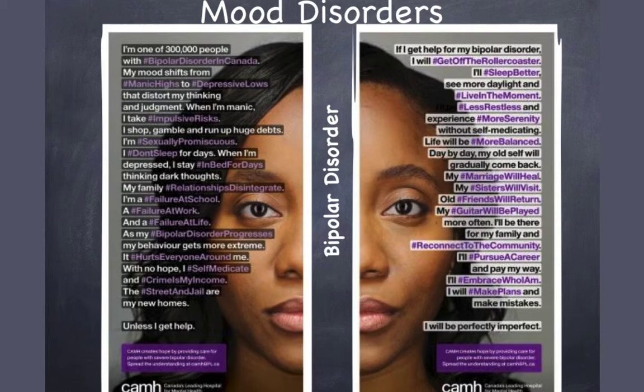Now, along the same lines with mood disorders is what's called bipolar disorder. Bipolar disorder is a disorder in which manic episodes alternate with periods of depression, usually with relatively normal periods in between.